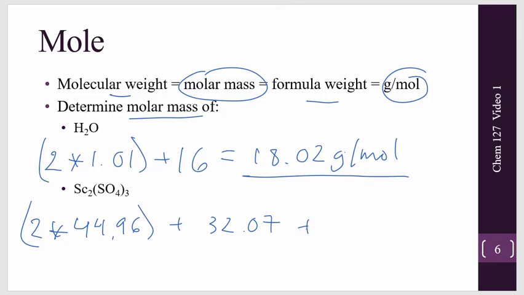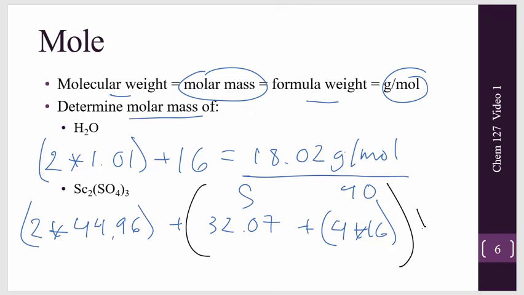We actually have 4 oxygen atoms. So here, this is the sulfur, and here are the 4 oxygen atoms. This whole bit, the SO4, is then replicated 3 times. It's actually together times 3, all of this. We have 3 of these sulfate groups and then 2 of the scandium atoms.